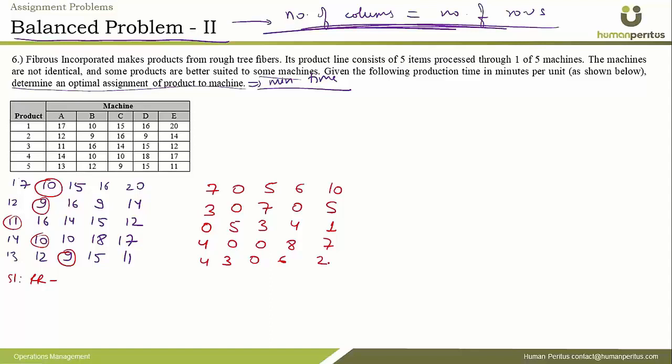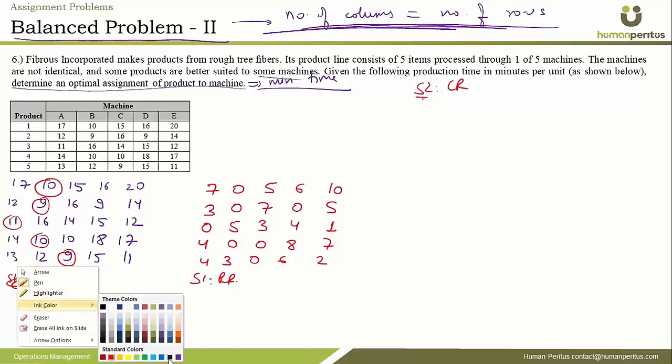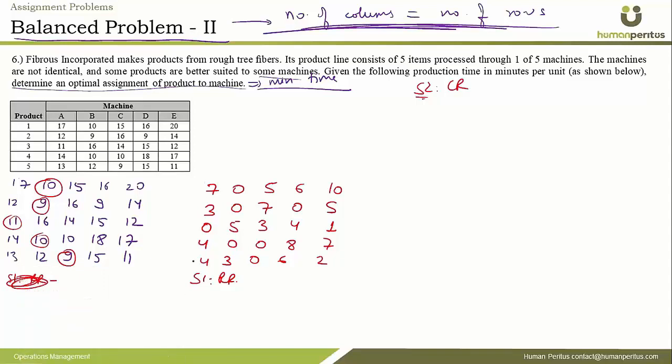Okay. So this is row reduction. Now we will do step 2. Step 2 is column reduction. So in the first column the minimum value is 0. We can straight away write 7, 3, 0, 4, 4.